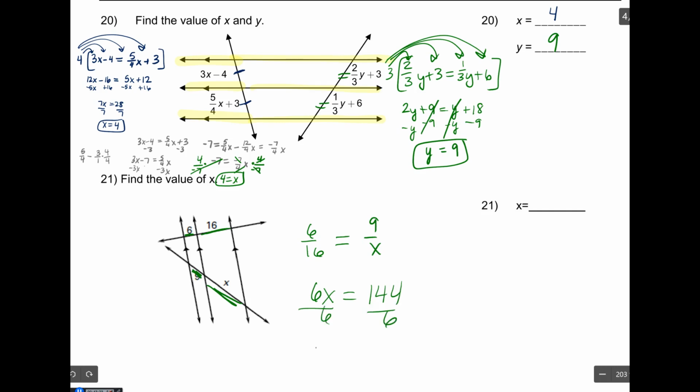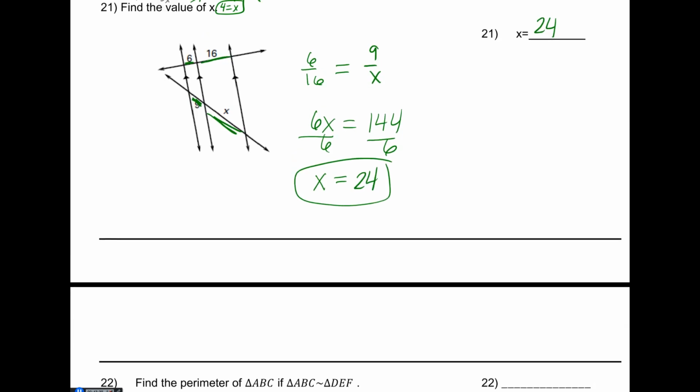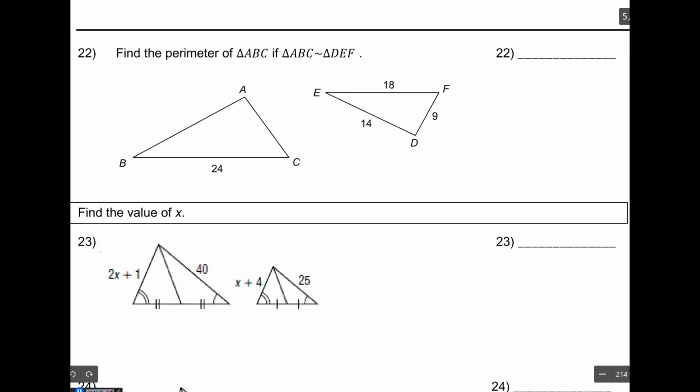Divide by 6. You get x is 24. So it looked like a hard problem, but honestly it was pretty short. It's just proportionality. Just gotta practice, honestly, that's all it is.